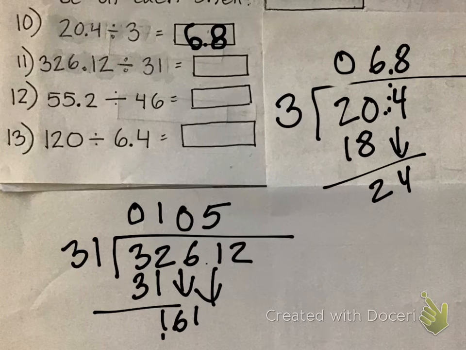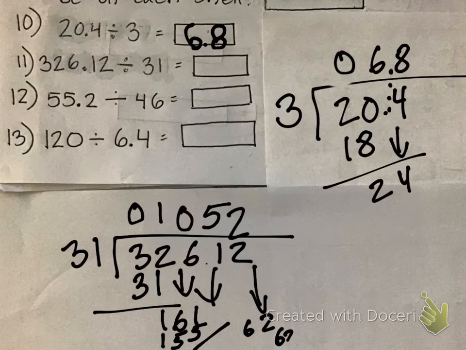That is 155. We subtract that. We get 6. We bring down the 2, and it's an even 2 times. 62, 0. Now, our decimal was right there, which means our decimal just goes straight up, and it becomes 10.52. Exactly. All we do when we divide is our decimal goes straight up.